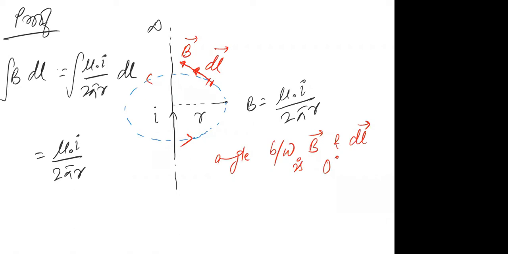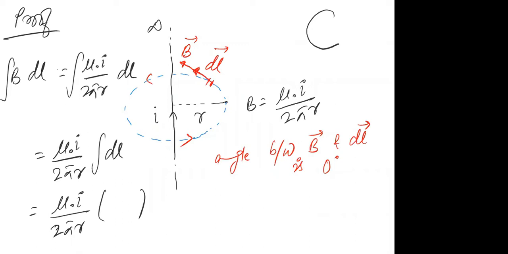Now we have to integrate dl. If you integrate dl over this closed loop, which is a circle, what will be the integration of dl? Who will tell me? Very good. This will be simply 2πr, and because we have this 2πr and this 2πr, they cancel out.